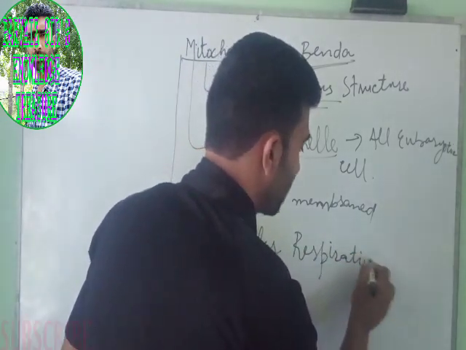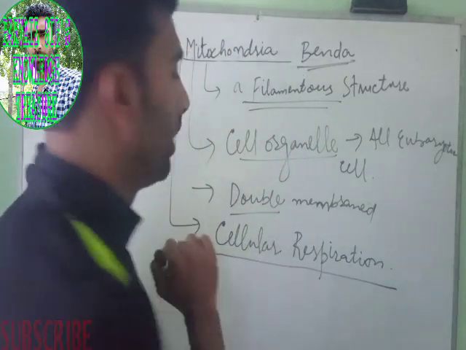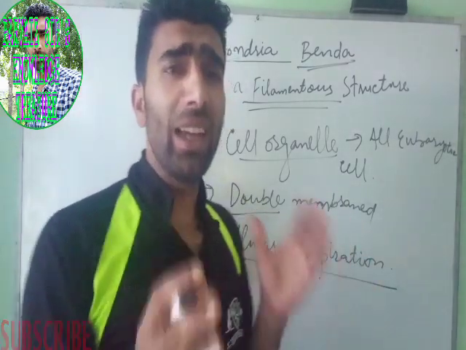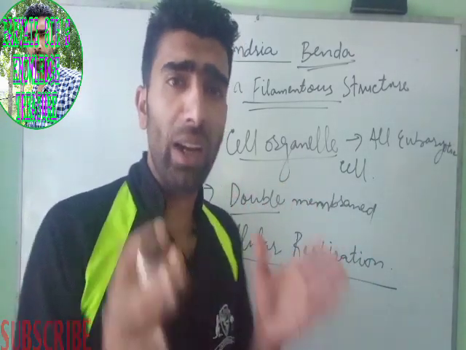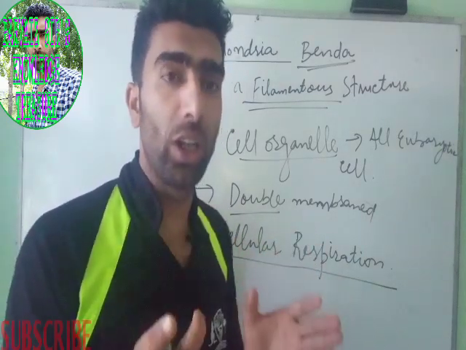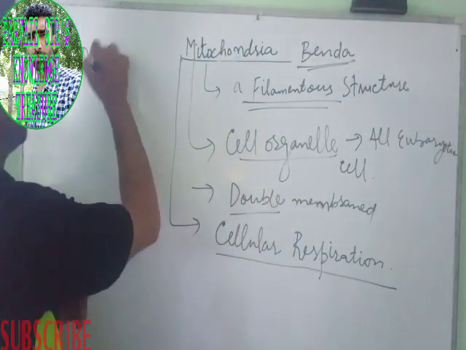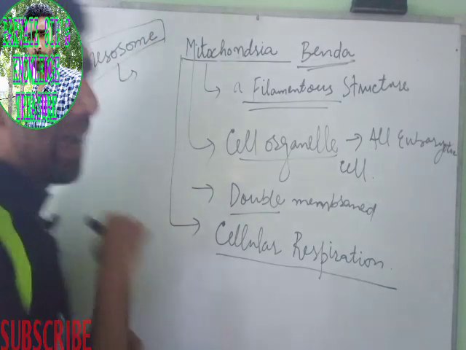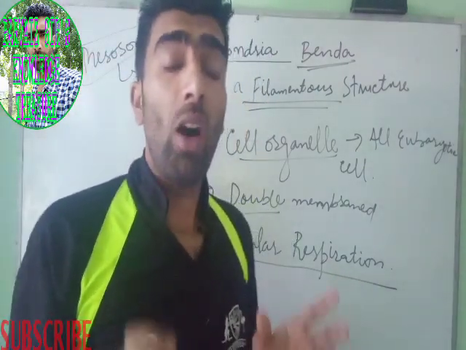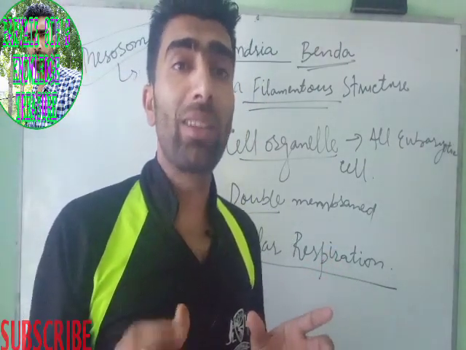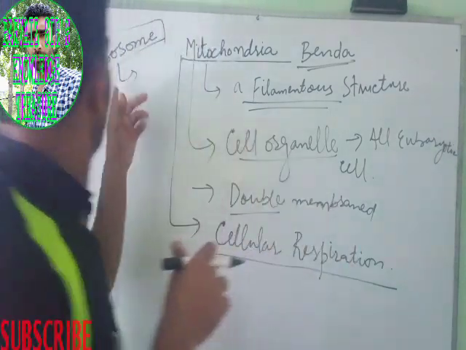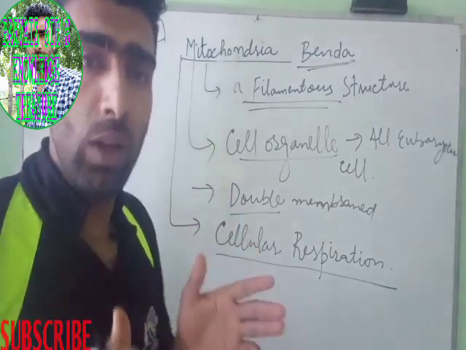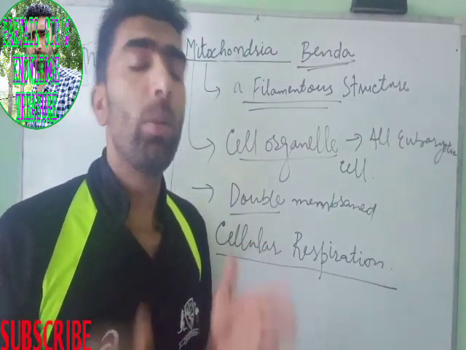Respiration in eukaryotic cells is carried out with the help of mitochondria. Now, we will talk about prokaryotes. In case of prokaryotes, cellular respiration is carried out by a structure which is known as mesosome. Mesosome is a slight invagination of the plasma membrane at a certain place, and this structure carries out cellular respiration in case of prokaryotes.